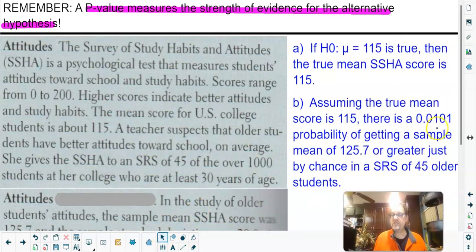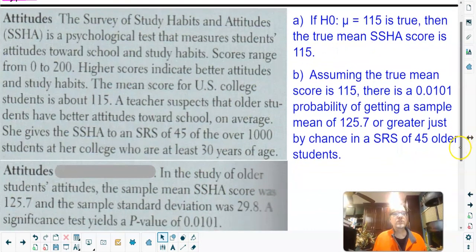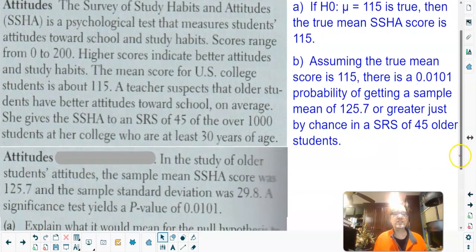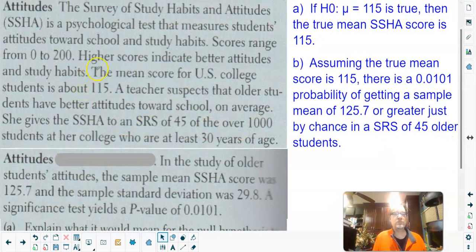All right, let's take a look at something else too here. The Survey of Study Habits and Attitudes is a psychological test that measures students' attitudes towards school and study habits. Scores range from 0 to 200. Higher scores indicate better attitudes and study habits. The mean score for U.S. college students is about 115. A teacher suspects that older students have better attitudes towards school on average.